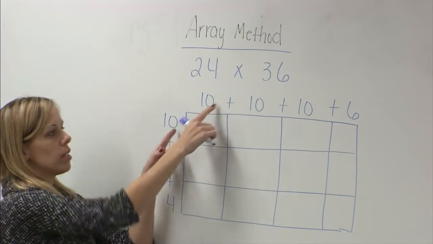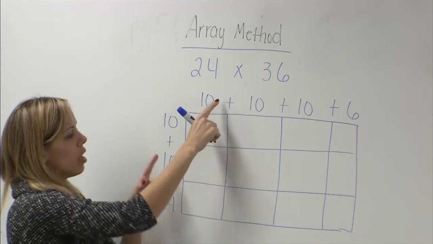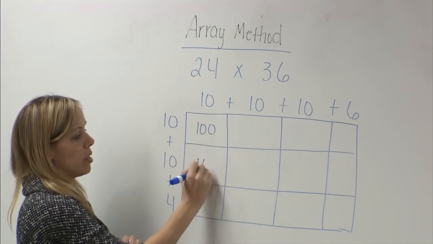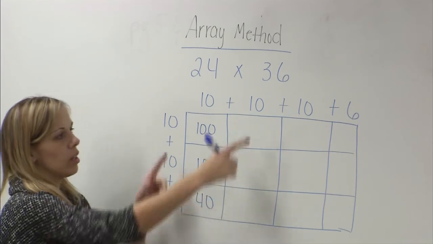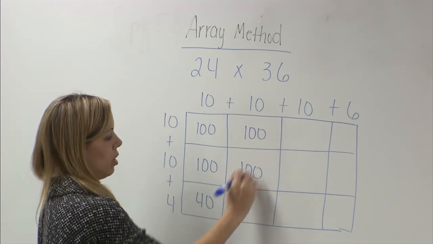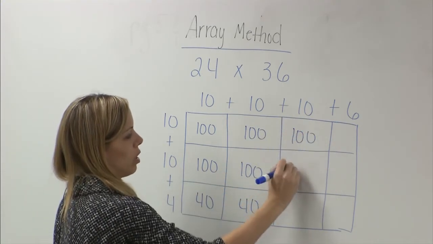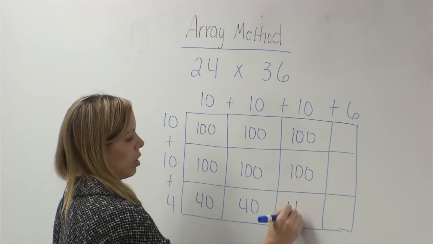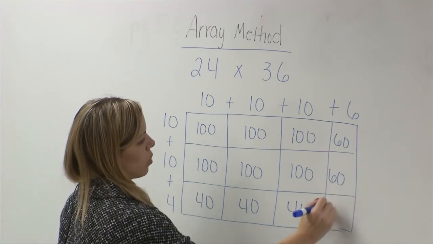So for all of these, 10 times 10 is a really easy multiplication for students. And then we'll do this 10 times 10. And then 10 times 4 gives me 40. And then the same thing here. 10 times 10 is 100. We get 100, and we get 40. Same thing here, 100, 100, and 40. And then we get 60, 60, and 24.